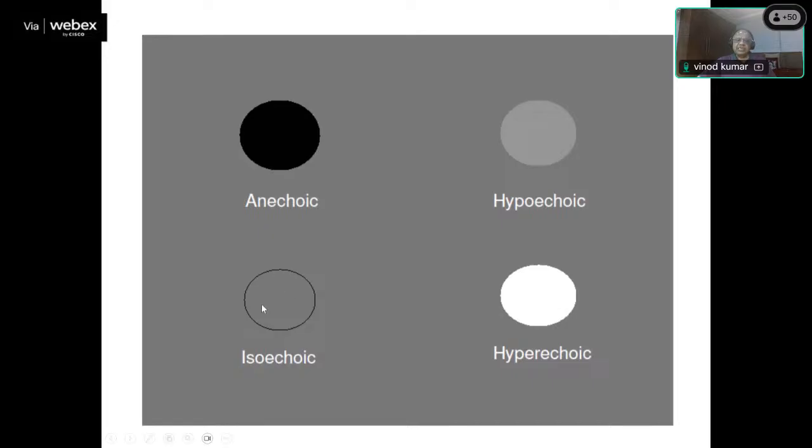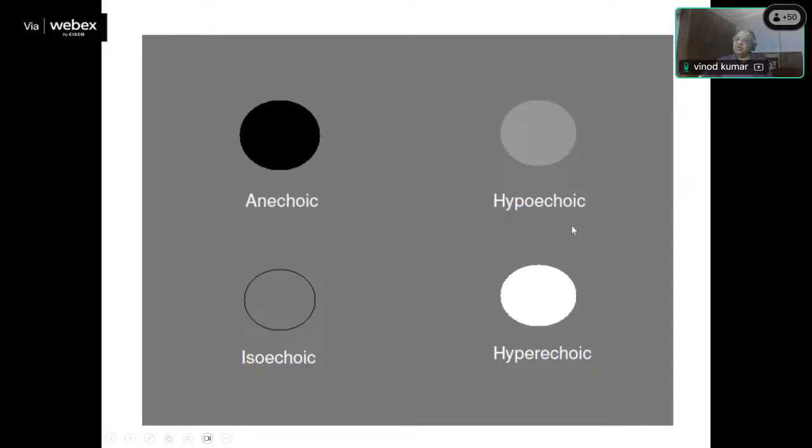Isoechoic means that the echo from the tumor area and the echo from the healthy liver area are almost the same, so differentiating between the two textures on the basis of echo intensity will not be convenient. And hyperechoic means absorption is very low and the whole of the ultrasound is reflected back, so echo intensity is high.